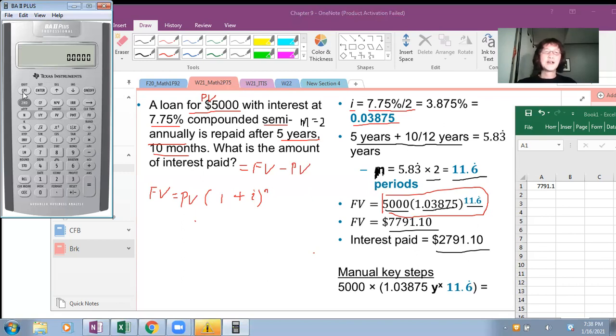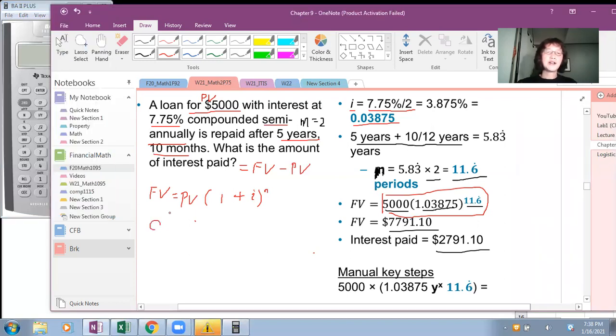For the calculator, you need to make sure to press second, quit to clear any previous entries, and then you need to set up PY and CY. This question said interest is compounded semi-annually. In this financial calculator, CY represents the interest conversion periods per year.